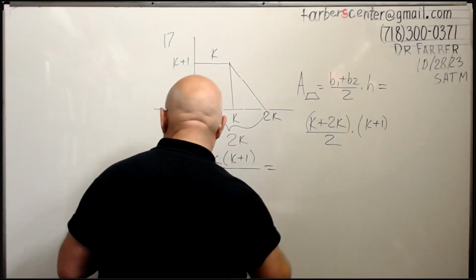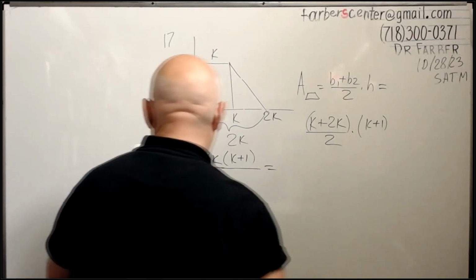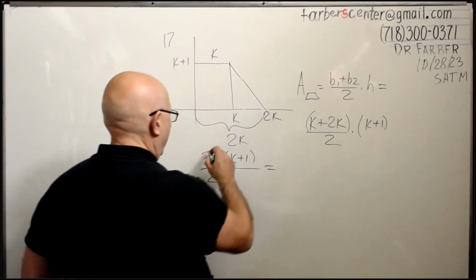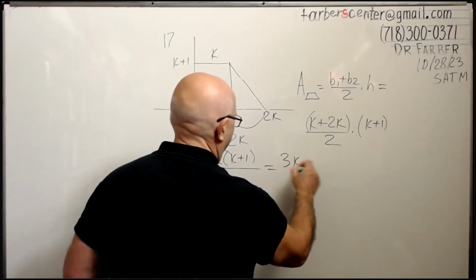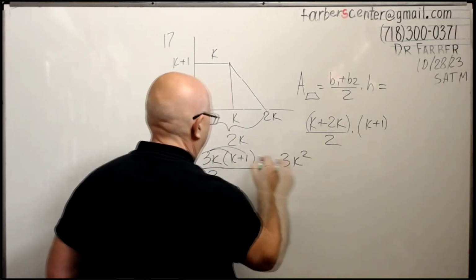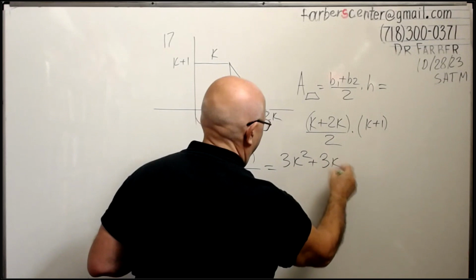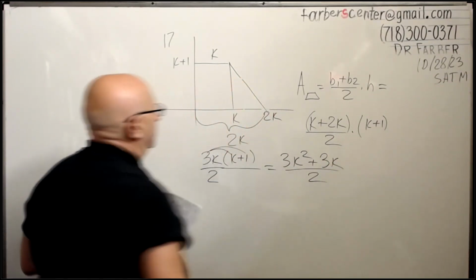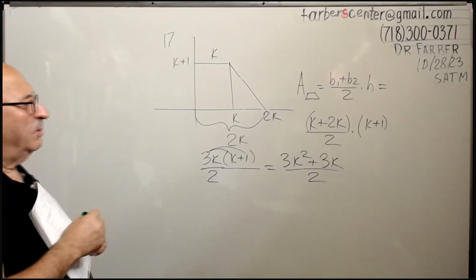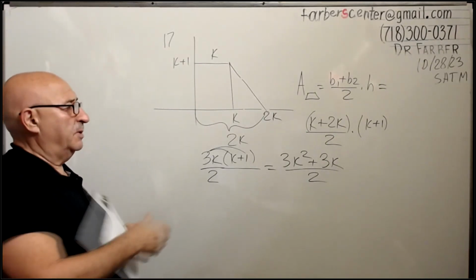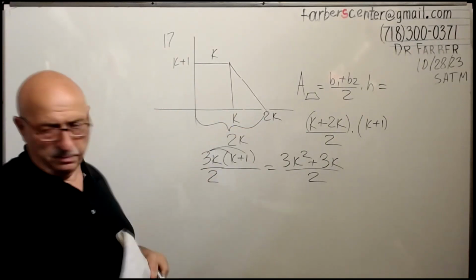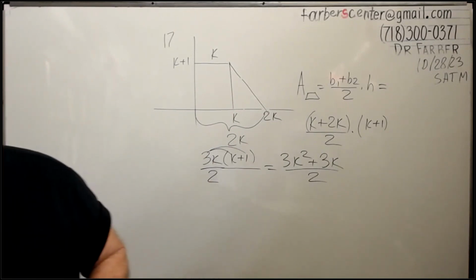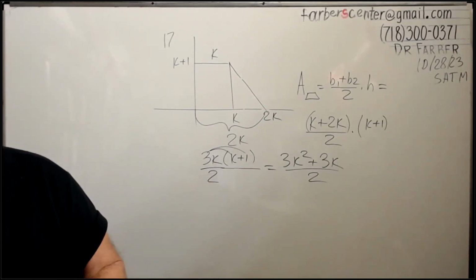I'll look into the multiple choice for what we have. 3k squared plus 3k over 2. If you look at multiple choice, this is B. Why look at multiple choice? You're looking for the format, because sometimes this could be the answer. Okay, questions, students?